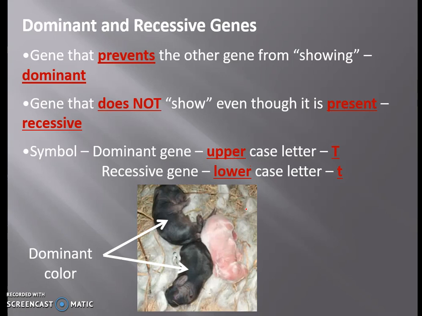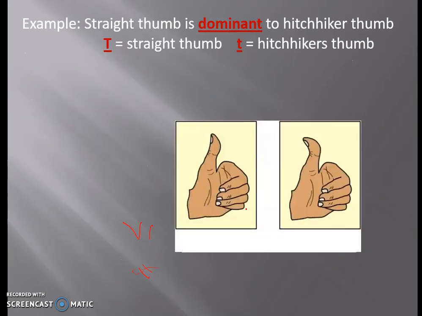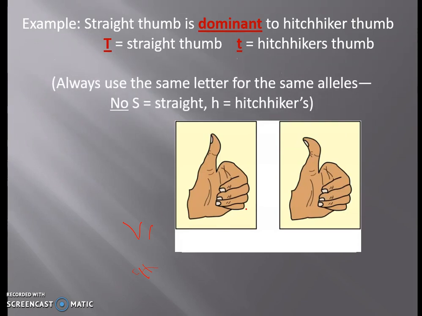Let's take the example of calves, where the dominant color is black and the recessive color is albino. Let's take another example of the straight thumb as dominant and the hitchhiker thumb as recessive. The straight thumb will be represented by the letter T, and the hitchhiker thumb is going to be represented by a lowercase t.